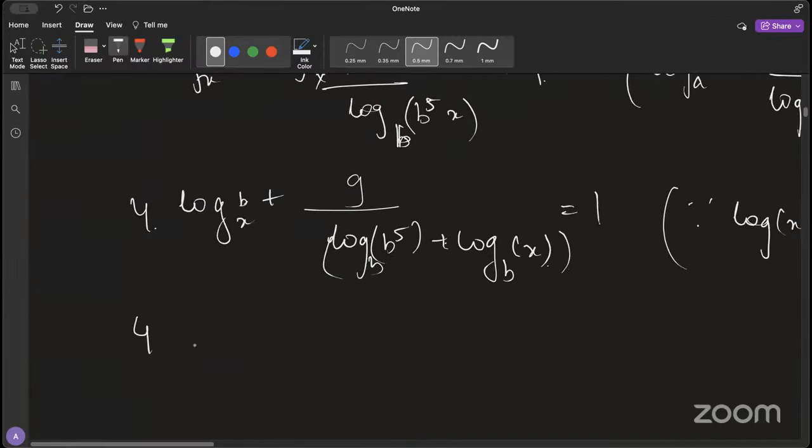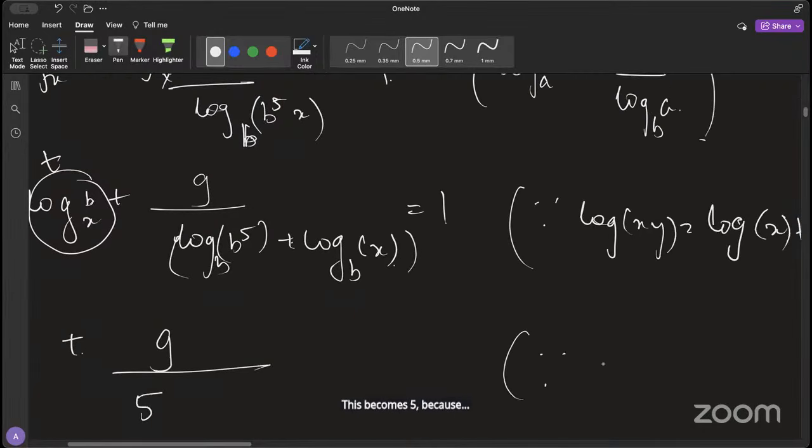And this will become 4. And let me just say that I'm taking this thing to be t, because I don't want to keep writing this. So this is t. This will be 9 by 5, because log base x to the power 5, or x to the power n in general, is just n, right?